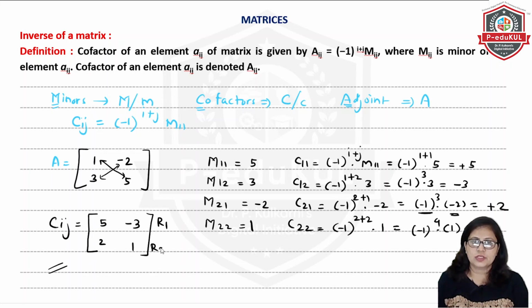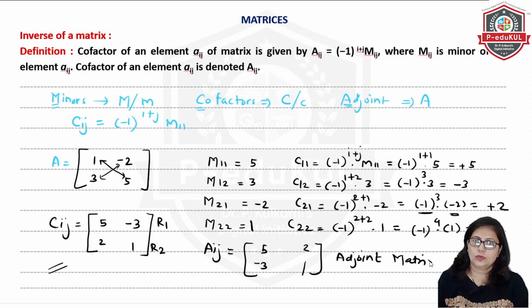This is R1, this is R2. This R1 will become C1. So my Aij will be what now? 5, -3, 2, 1. So this is my adjoint matrix.